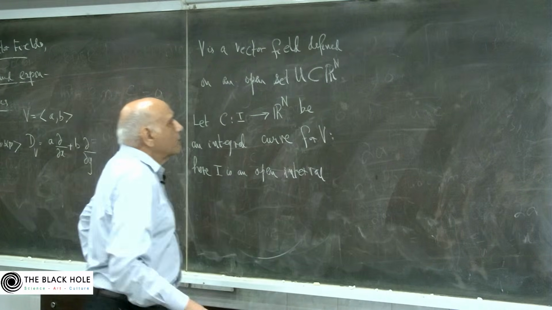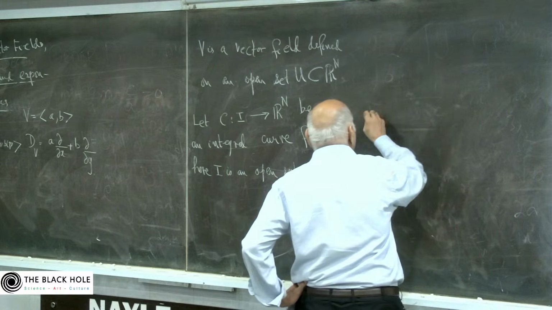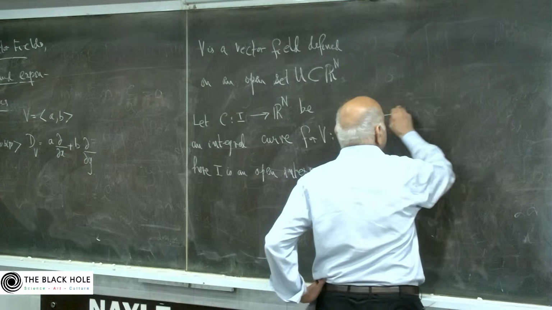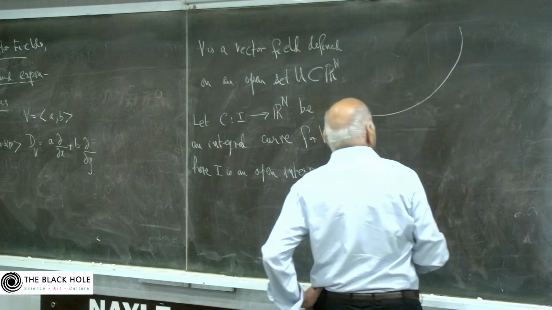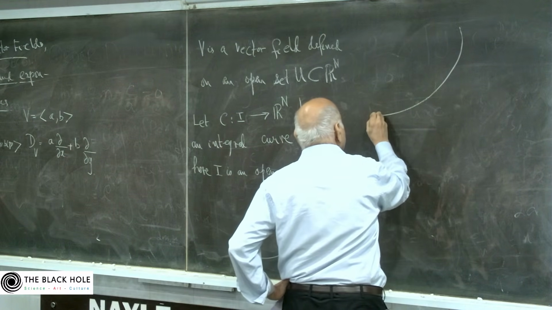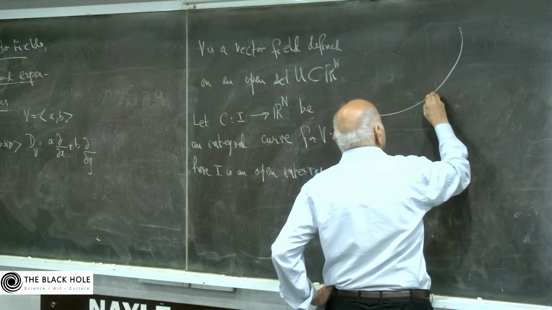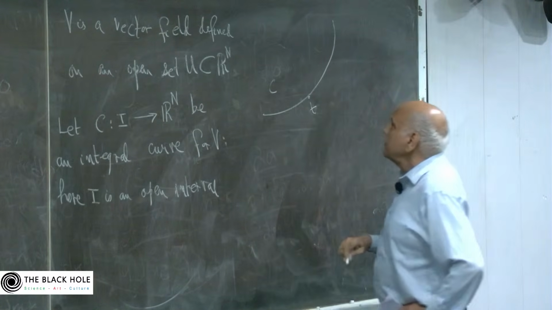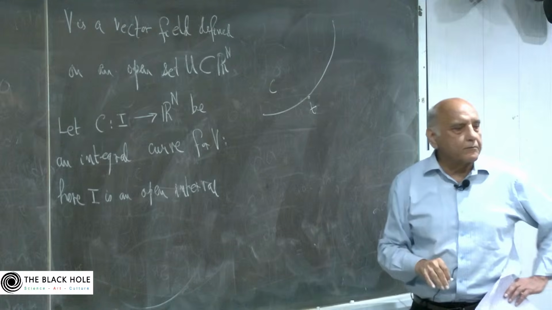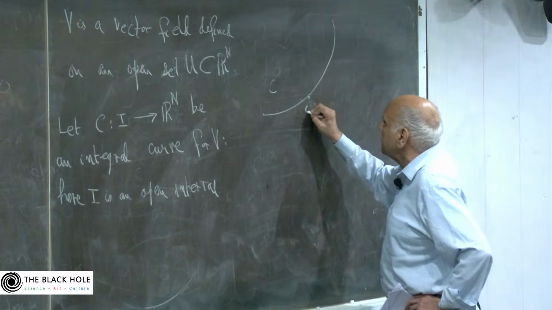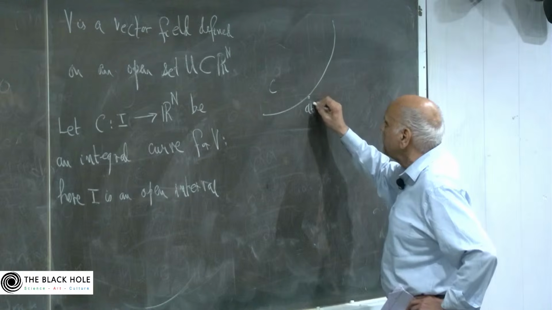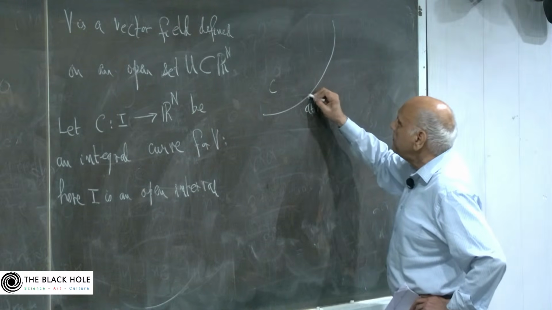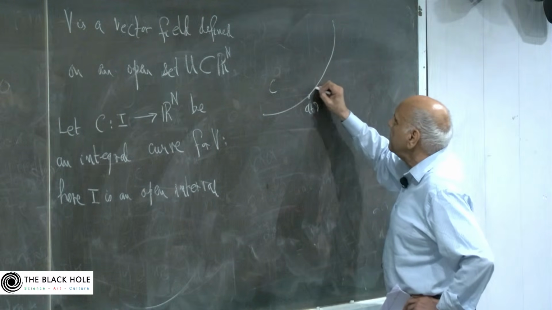Okay. So, of course, I can only draw pictures on the board. So this is your curve. This is your point t. This is your curve c. So where is c prime of t? This is the point c of t, not t. This is the point c of t. So c prime of t is tangent here, right?